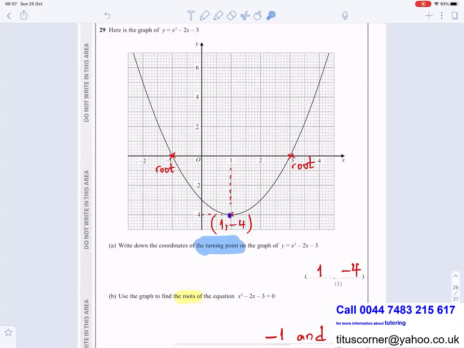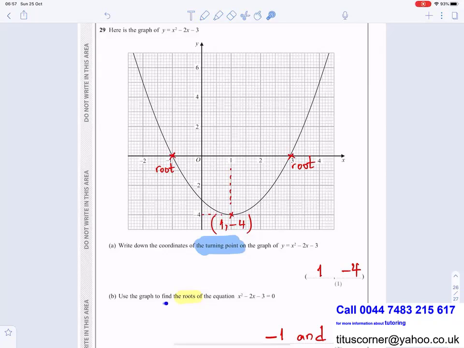The point where it is turning: you move along the x-axis, it is 1, and along the y-axis, it is minus 4. So 1 for the x and minus 4 for the y. It's turning because a negative gradient is coming down. At this turning point, the gradient is 0, and it changes, now going up, positive.